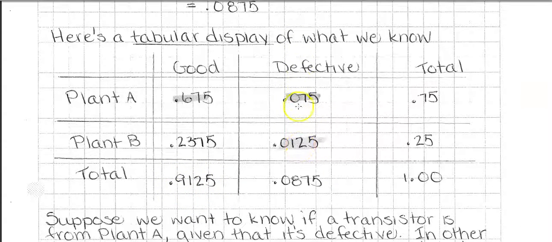These two branches are going to give us all of the defective transistors, 8.75%. If you add either the total row or the total column, you'll get 1, and that tells you we've covered all of the possibilities.